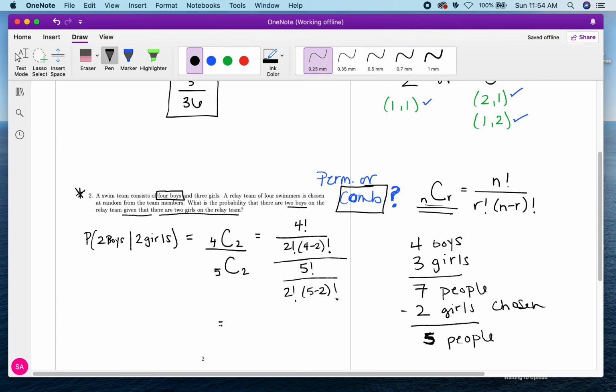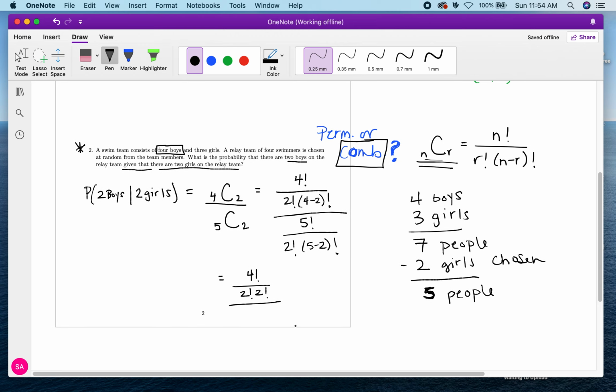And let's simplify. So on the top, we're going to have 4 factorial over 2 factorial times 2 factorial. On the bottom, we'll have 5 factorial over 2 factorial times 3 factorial.